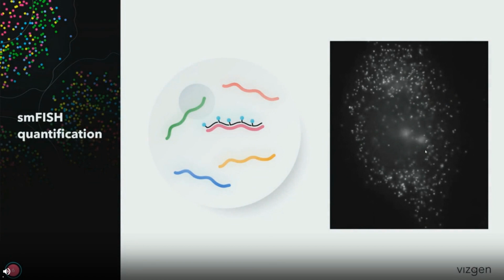MERFISH stands for multiplexed error-robust fluorescence in situ hybridization. It is built upon an RNA imaging technology called single-molecule FISH. As shown on this slide, to perform smFISH, RNA transcripts of interest are labeled by fluorescently labeled oligoprobes.